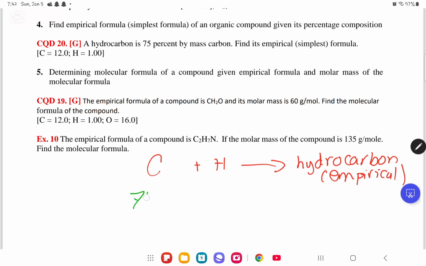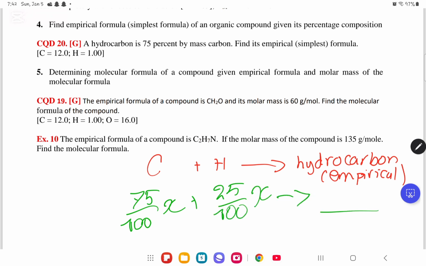So 75 over 100 multiplied by the mass, which we will call X, is carbon. That leaves then 25% of the mass being hydrogen. And that will then leave us with 100 over 100, because 75 plus 25 is 100 over 100. That means the hydrocarbon is made up of 75% carbon, 25% hydrogen.